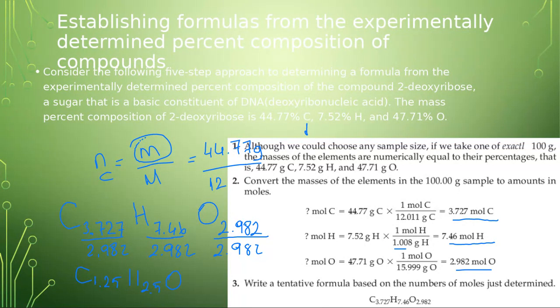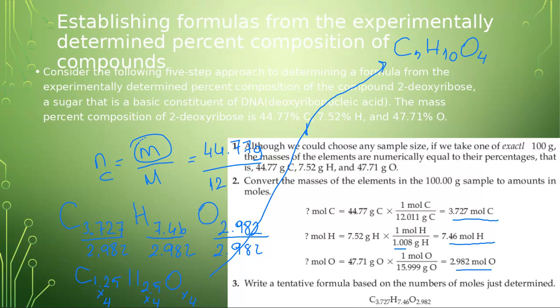If we multiply with 2, the carbon atom moles will be 3.5, which is still not whole, so I have to multiply with 4. Then the new empirical formula will be: carbon will be 5, hydrogen will be 10, and oxygen will be 4.